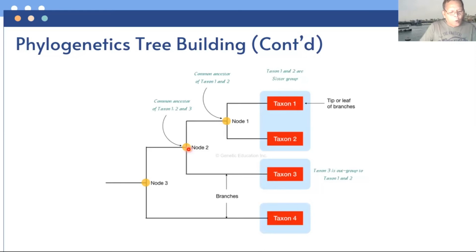This one. The node is also known as the branch point, where different branches of organisms share the common ancestor. The 1, 2, 3, and 4 are different organisms or species of interest to study and located on branches.